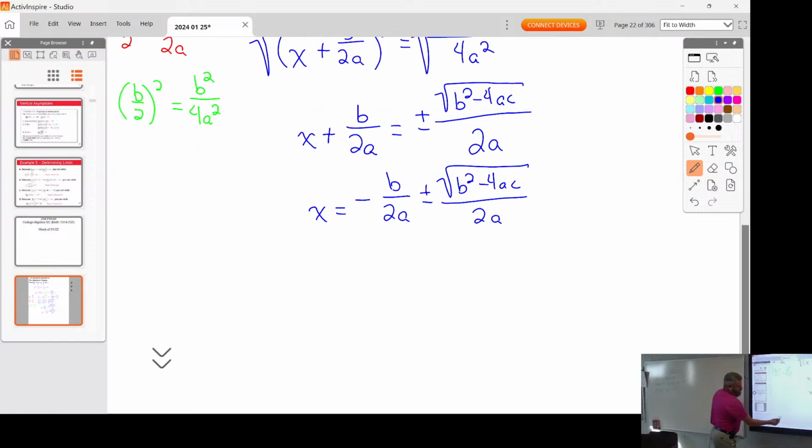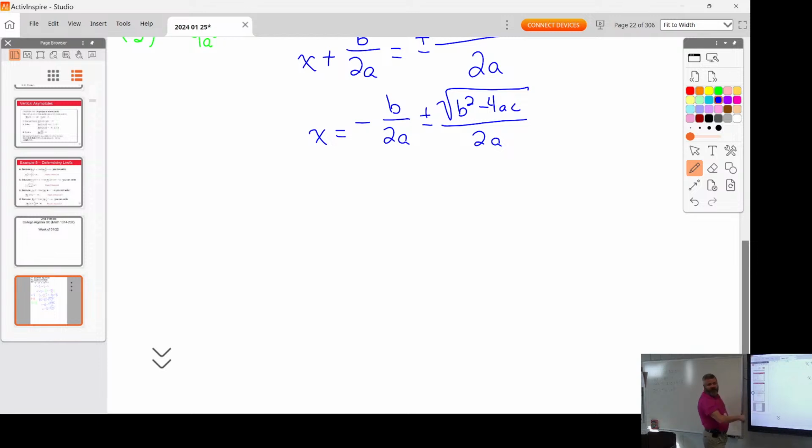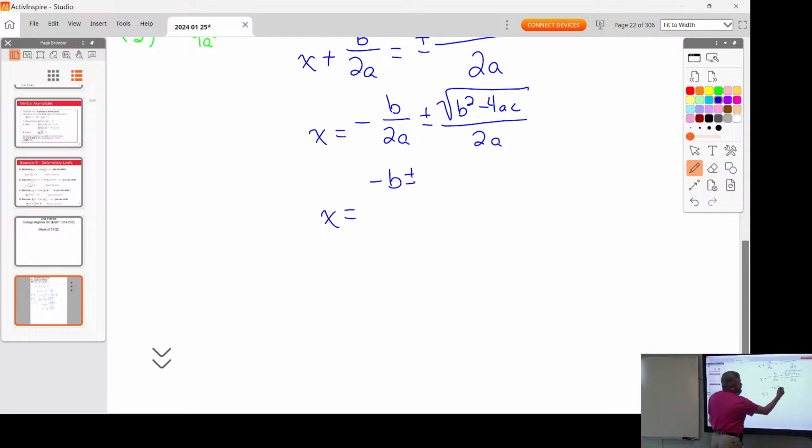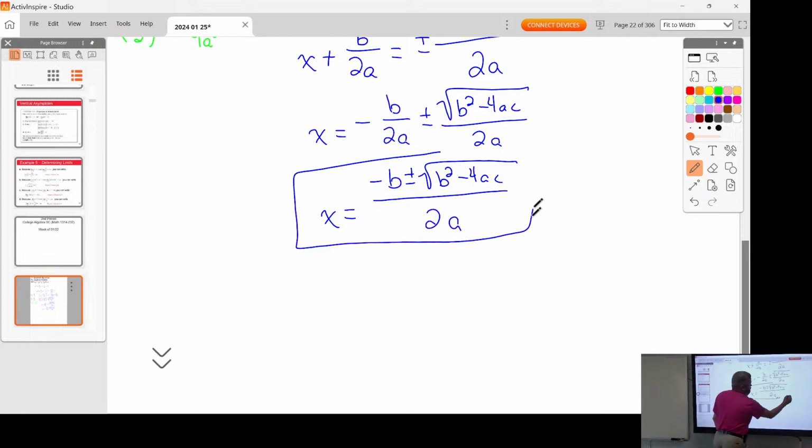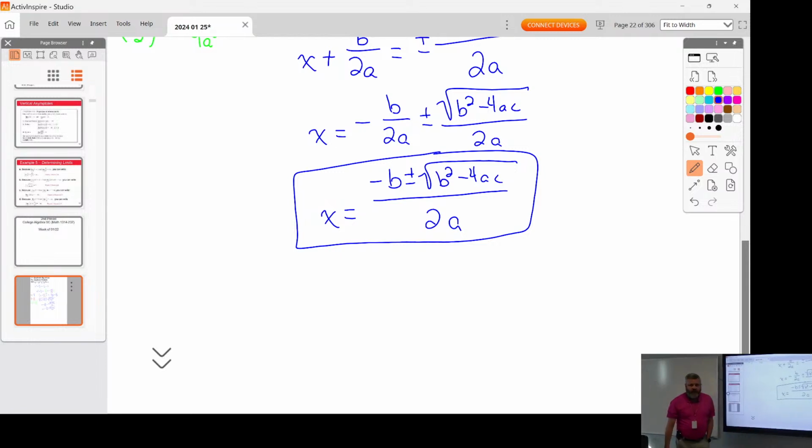So I can write the top of it together with one denominator. So I get x equals, numerator is negative b plus or minus the square root of b squared minus 4ac, all over 2a, and this is called what? That's called the quadratic formula.